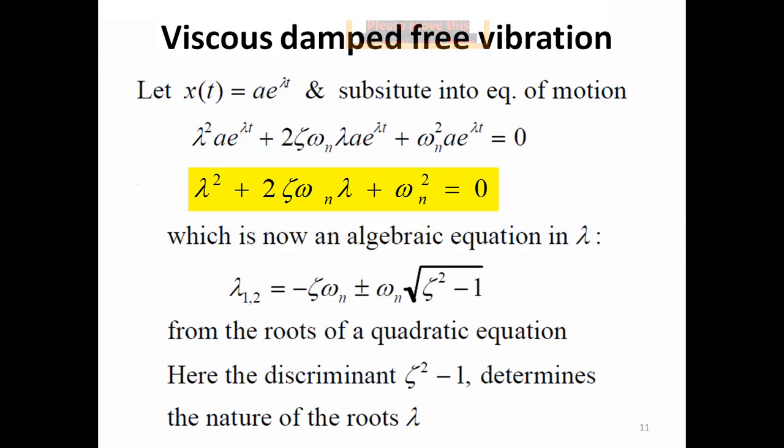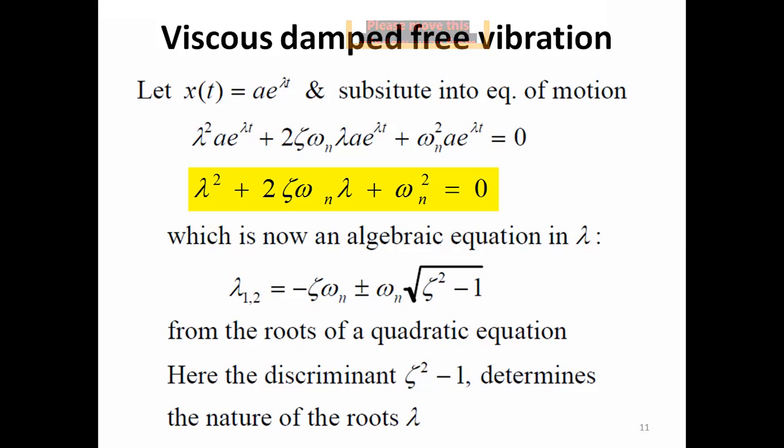So now we have the equation of motion for the damped system when it is subjected to free vibration. The next step is to find the response of the system. How would be the response of the system? We are assuming that the system is vibrating and the vibration is sinusoidal.